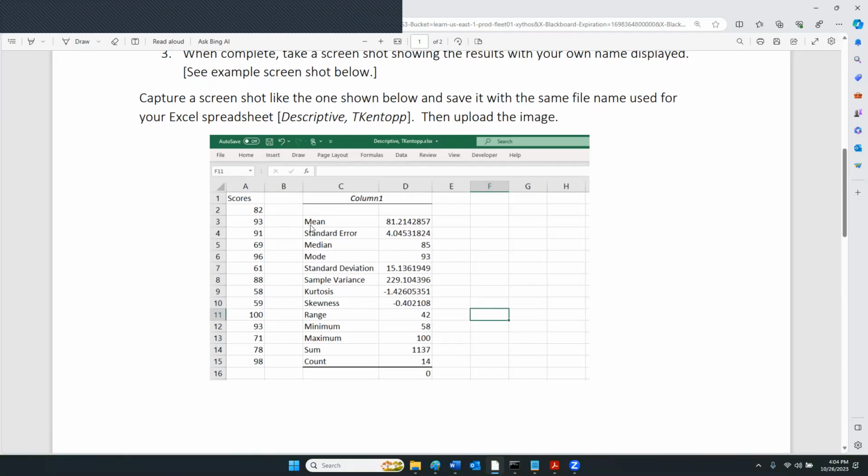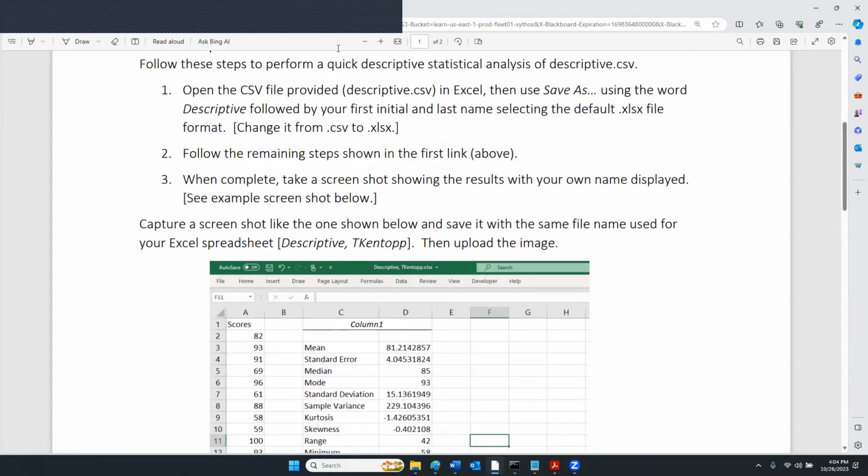I want you to notice all the things we were talking about: the mean, the standard deviation, the variance, and then there's kurtosis and skewness. If you put a data set into Excel, it'll automatically calculate this stuff for you, and the assignment walks you through how to calculate the descriptive statistics for a data set.